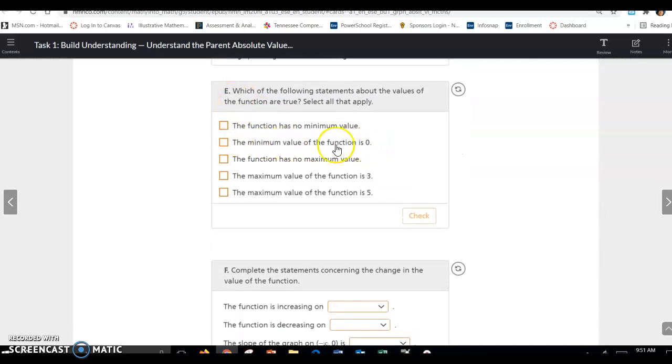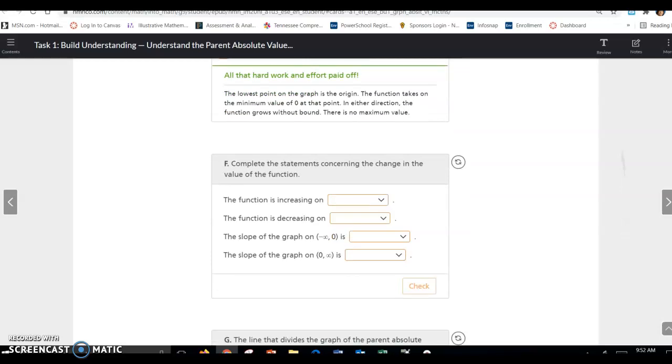The minimum value of the function is at 0. Yes, that's true. The function has no maximum. Well, that's true as well because the arrows on the top of both sides show that it continues on forever. And the maximum value is that, so that is not true. So the minimum is 0, and it has no maximum.